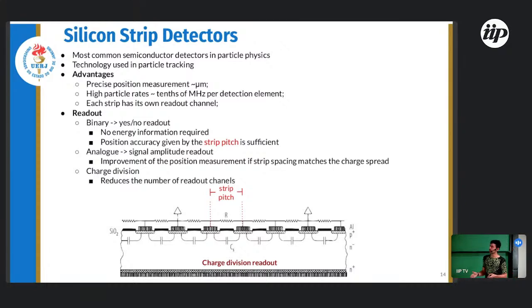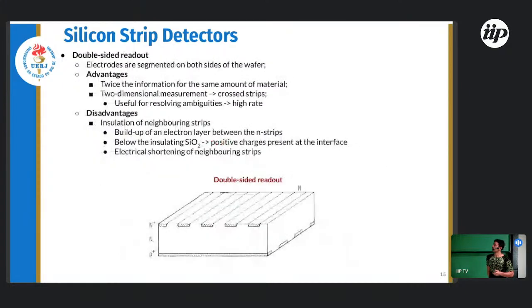Basically, at CMS, we have two kinds of silicon detectors, the silicon strips and the pixel detectors that I'm going to show in a few slides. Also, we have the possibility of adding an X and Y measurement, so we can make 2D measurements with a single detector. We simply do it by adding strips in this direction, the N plus, and strips in this direction, the P plus.